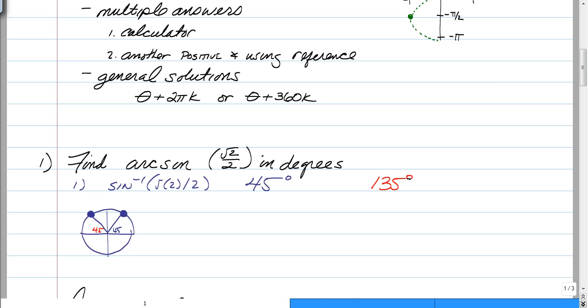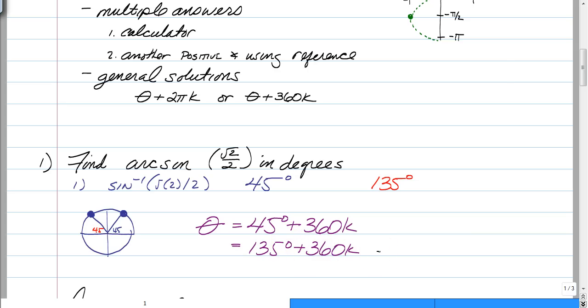Okay? Now we just have to make sure we write our final answer. Since we are in degrees, the arc sine of the square root of 2 over 2, theta, is equal to 45 degrees plus 360k, and it's also equal to 135 degrees plus 360k.